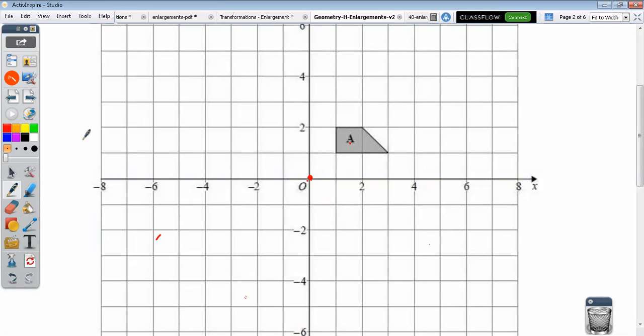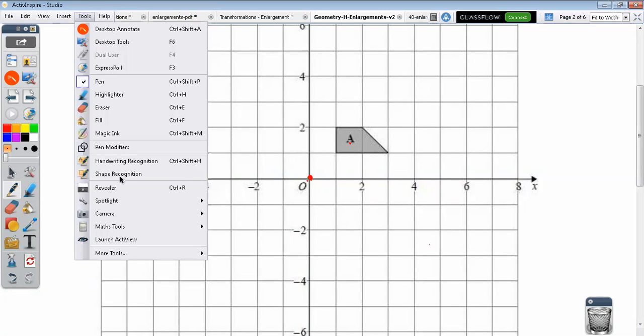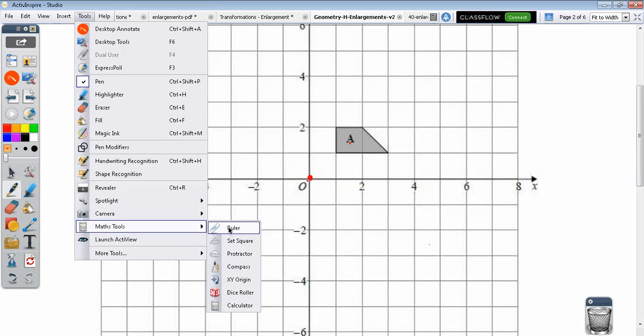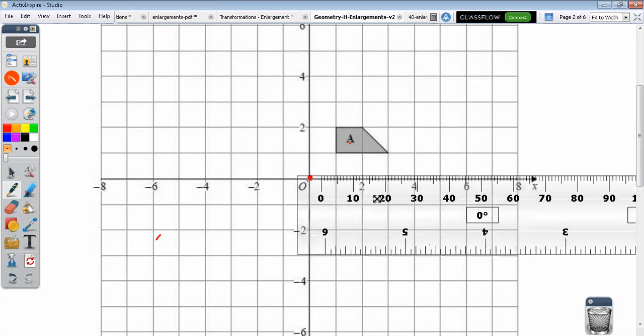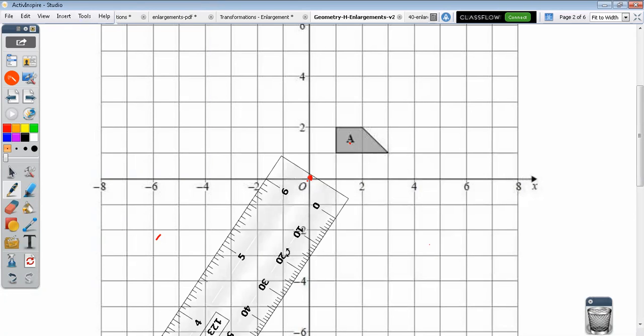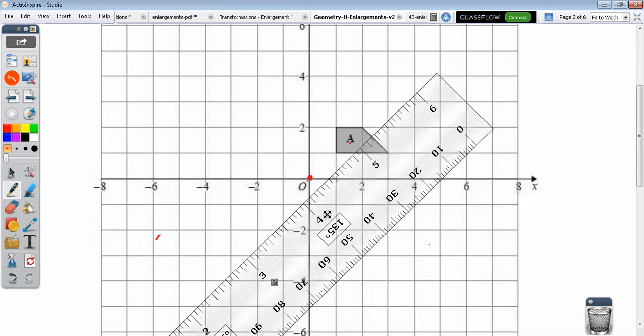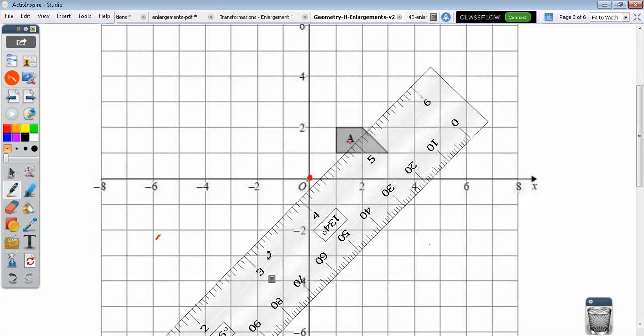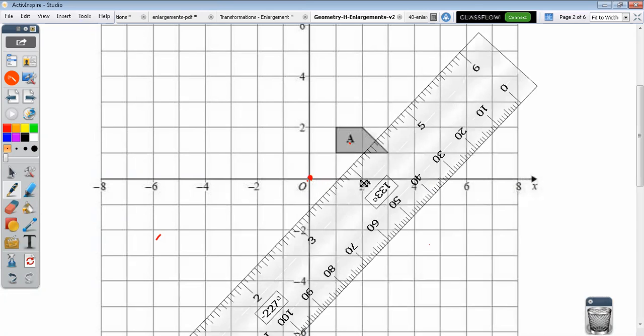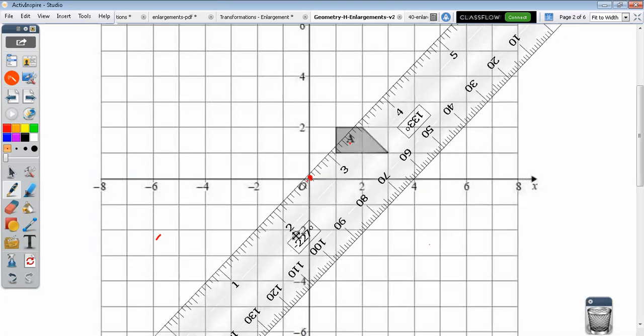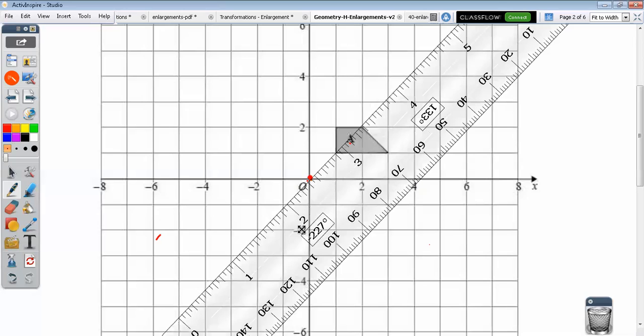So what you do now, then I'll show you how easy that is. Your center is very important. So we have marked the center, then we take our rulers like this. When it comes to enlargement, rulers are very important. Sometimes you can do it by eye, but anyway. You draw a line from the center to every point.